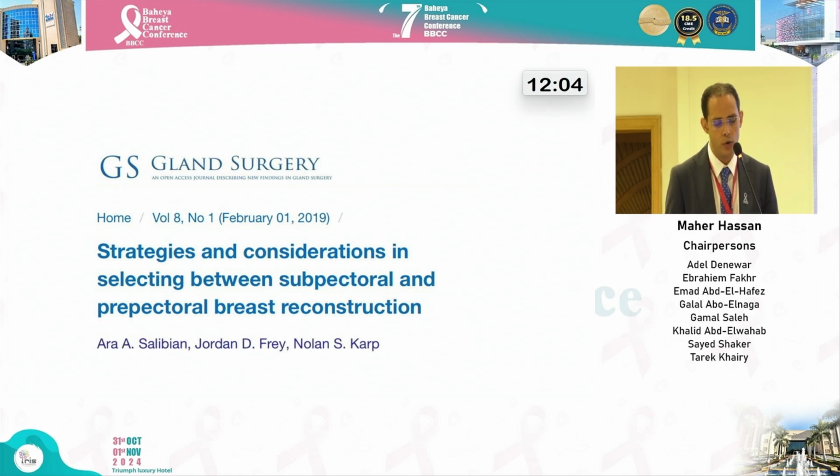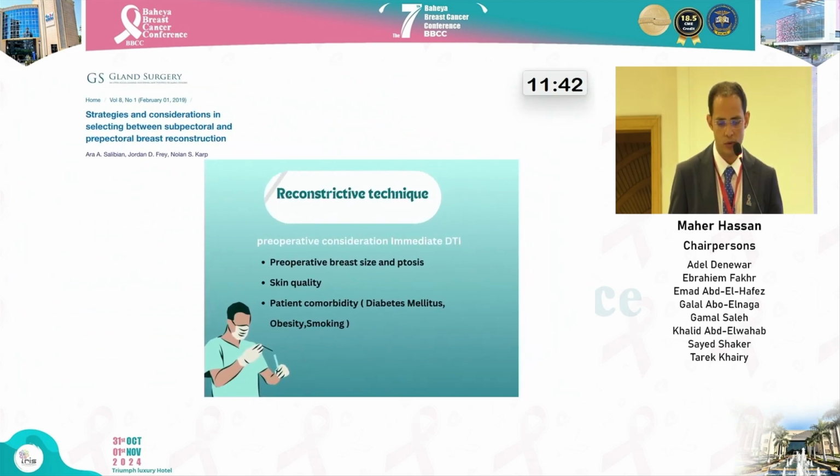Then we have to choose the preoperative and intraoperative points to discuss when I have to choose the prepectoral or subpectoral approach, as published in this paper about the strategies and considerations in selecting between subpectoral or prepectoral reconstruction.